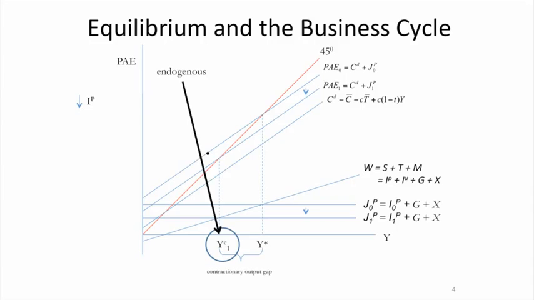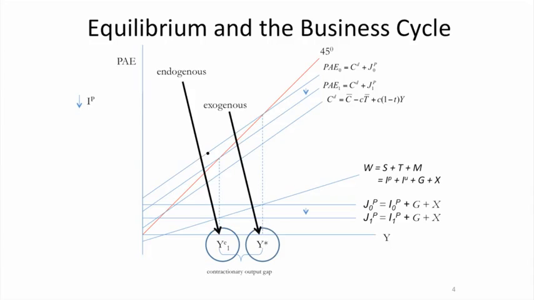Where does the contractionary output gap really come from? It's come about because the economy's potential GDP has not changed. That's still Y star. That's exogenous. It's determined by factors completely outside of this model, none of which have changed.